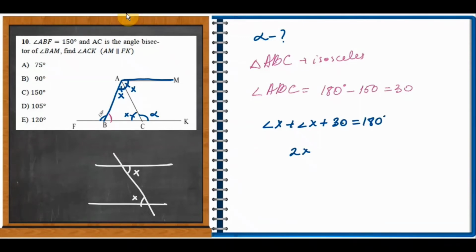So 2x is equal to 150 degrees, x is 75. After finding x 75, we can say that alpha is equal to 180 minus 75, because alpha is external angle. Alright, that's going to be 105, the correct answer, it's D.